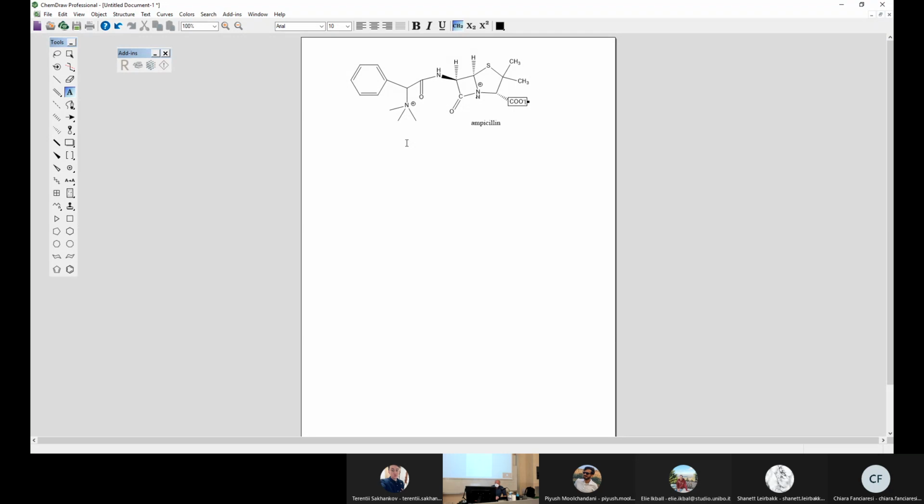So the scientists decided to mask one of these two functions, in particular the acidic function, by transforming this function into an ester, for example. You see here, you have a double bond here, oxygen here, another oxygen here, and another.